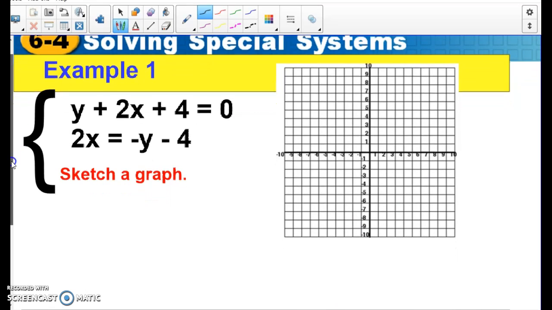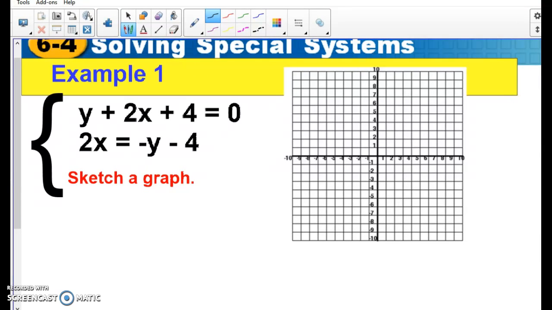Alright, kind of the same thing here. So y plus 2x plus 4 equals 0. So let's kind of do the same thing. Let's bring all this stuff over to the left side and see what it looks like. So if I add y, add 4 to both sides, I end up with 2x plus y plus 4 equals 0.